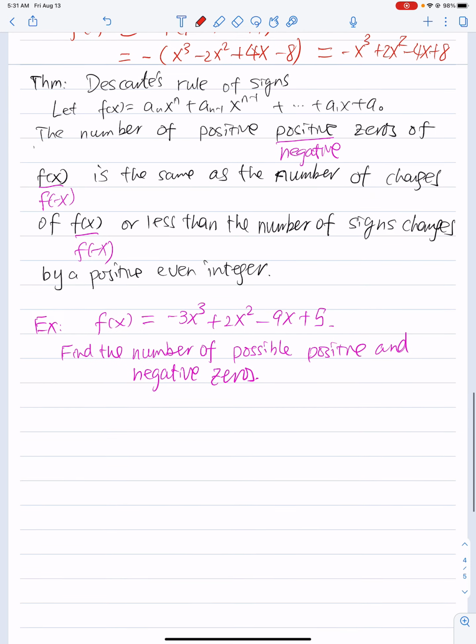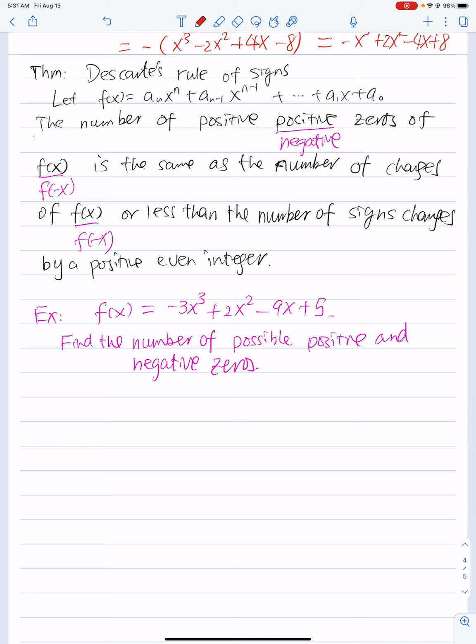So then the next rule we wanted to talk about is called Descartes' rule of signs. So let f(x) be this.